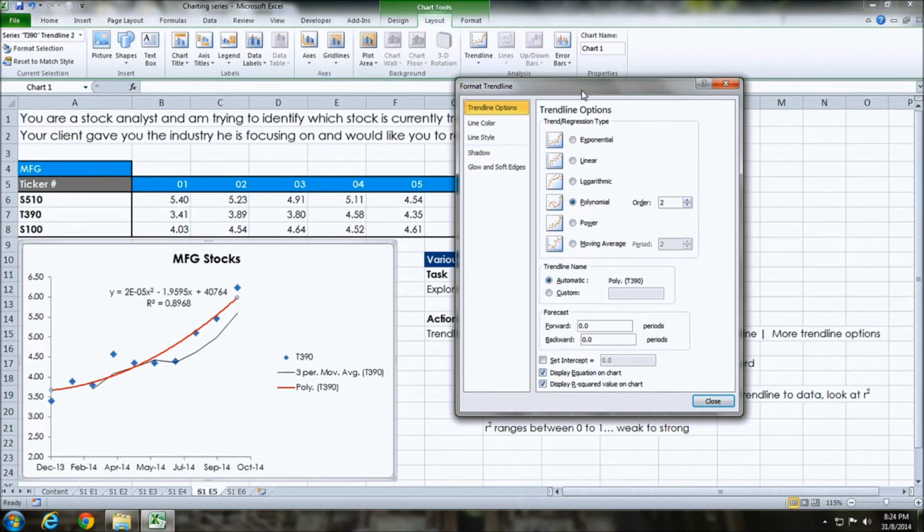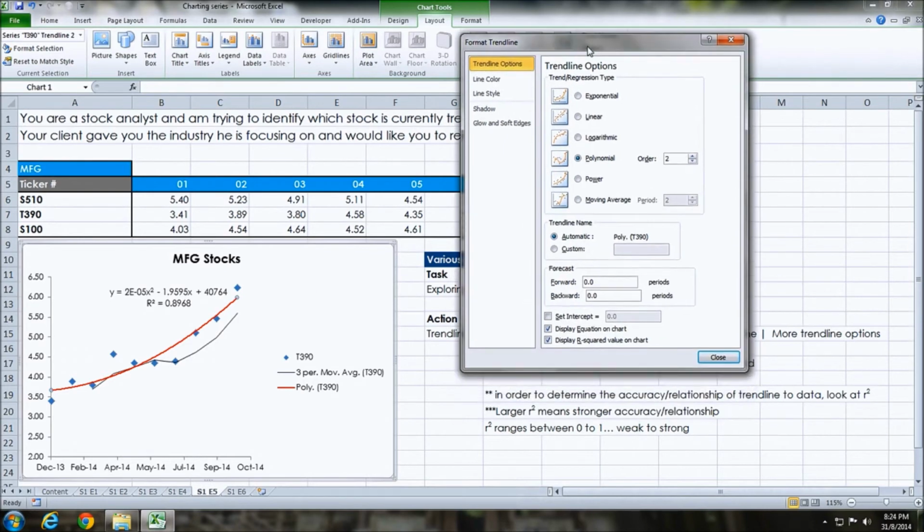If you look over here, in order to determine the accuracy of the relationship of the trend line to the data, particularly for polynomial trend lines, a larger R means a stronger relationship the trend line has with the data set, which means the stronger the relationship, the better the trend line reflects the trend for the data points.